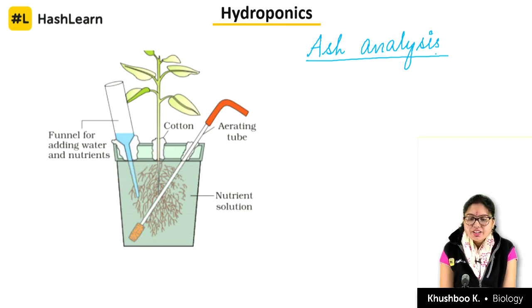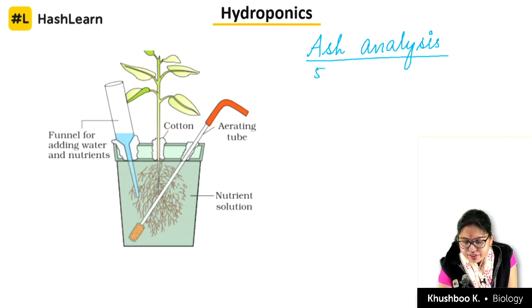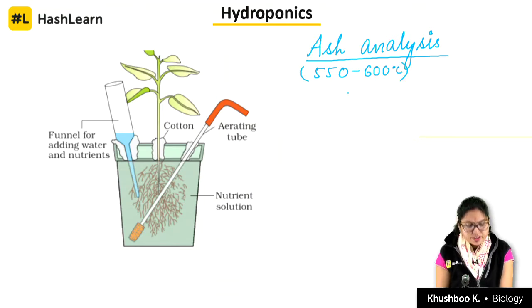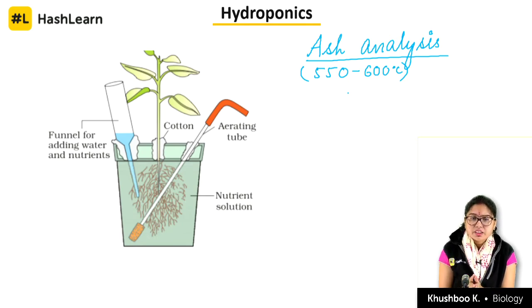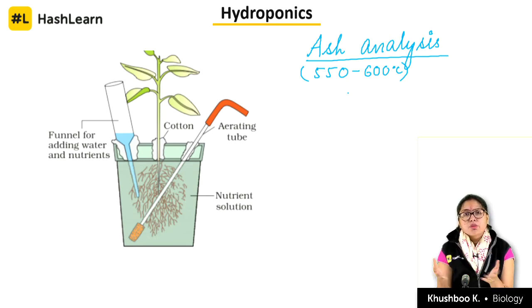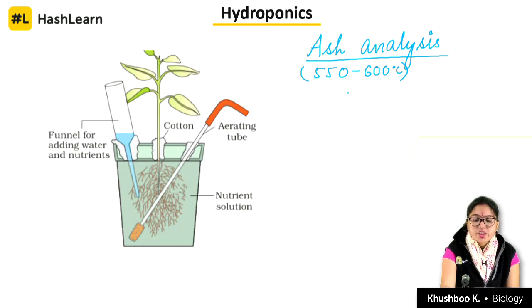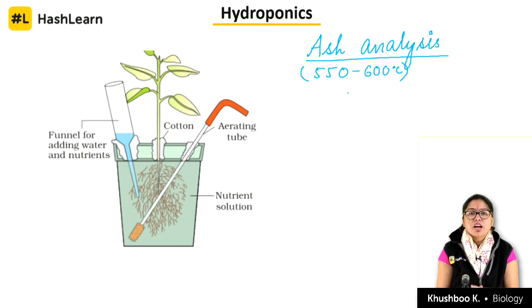So in case of ash analysis, what we do is the plant is subjected to high temperature, like some 550 to around 600 degrees Celsius. So this temperature is pretty high, we know that, okay. Our normal body temperature is approximately 37 degrees Celsius. So you can imagine, water boils at 100 degrees Celsius. So any tissue subjected to this high temperature will get reduced to ashes only.